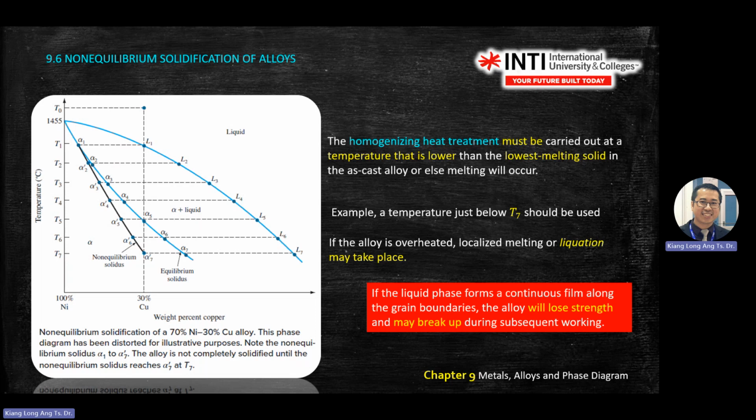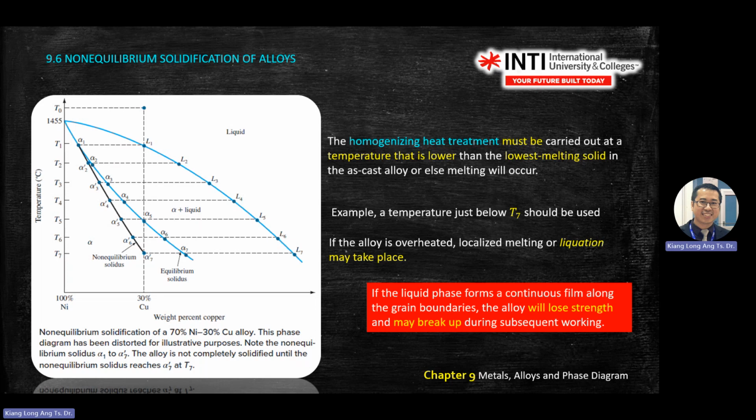This one, if you want to process, you mix between copper and nickel, a solution, then you want to reach 30% copper all the time. So what you do, you heat up this block to T7.